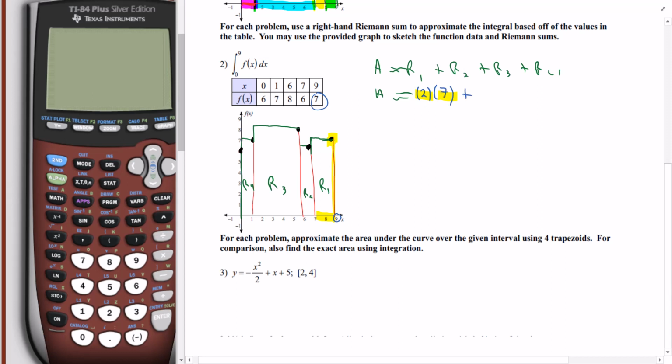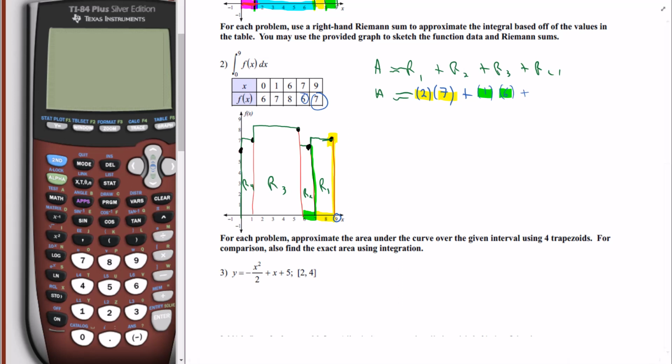And then we're going to add that to the base times the height, which here the base is 1, and the height is the y coordinate when x is 7, which is 6.